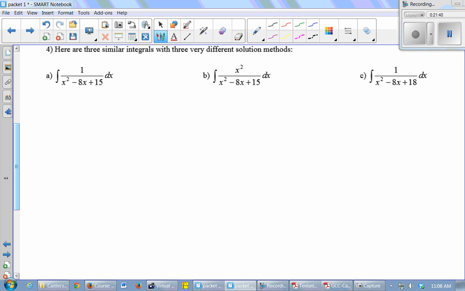26. It's 1 over, and it's 2 factors, x minus a, x minus b. So if I could factor this, I can make it look like something from the table. And it does factor to x minus 5, x minus 3.